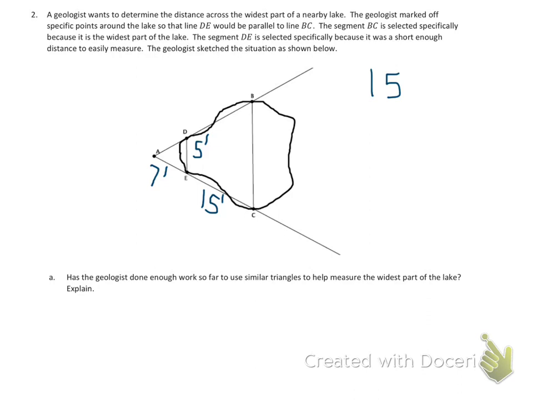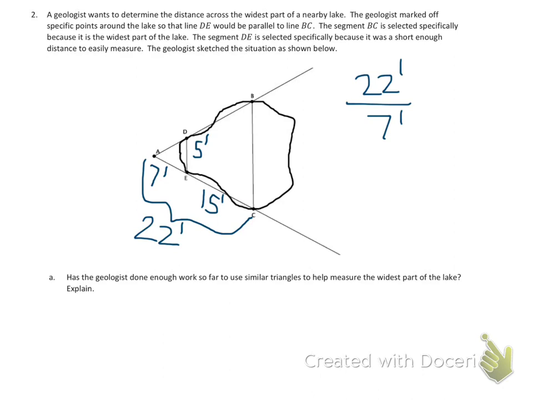Actually, that's not the dilated length, and let's talk about why. The dilated length is actually 22 feet, and the original is 7 feet, because AC would be this 22-foot section there.